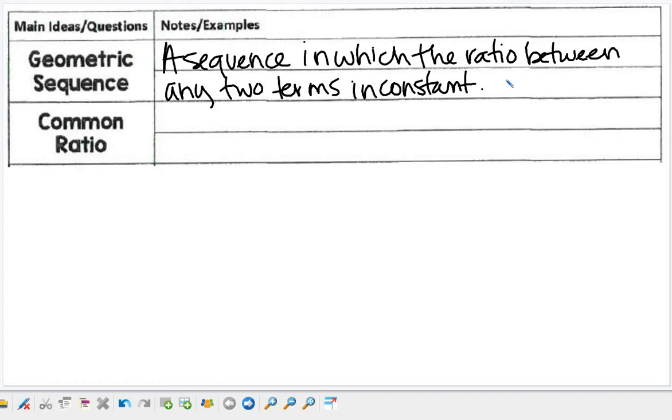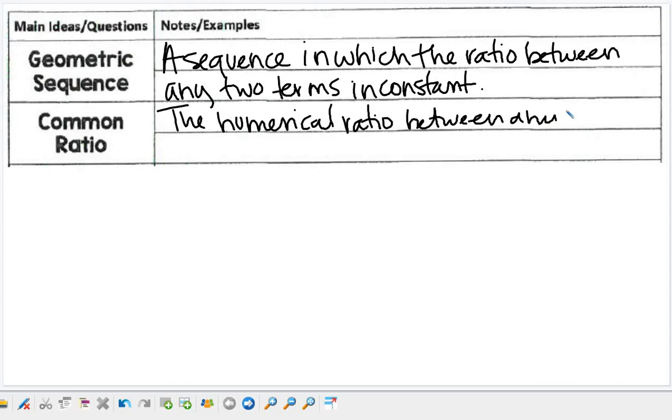Again, remember in the videos, you can pause where you need to finish copying, things like that. Common ratio is the numerical ratio between any two terms, and the variable that we use is a lowercase r.